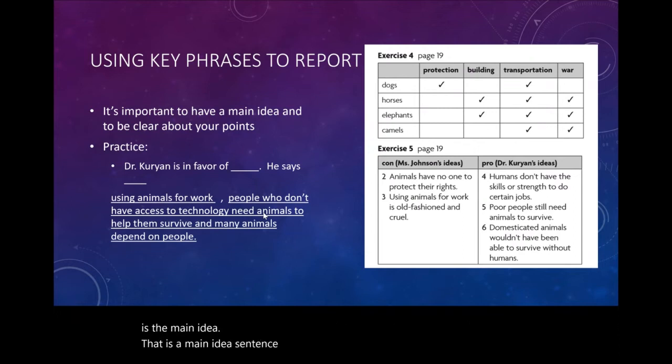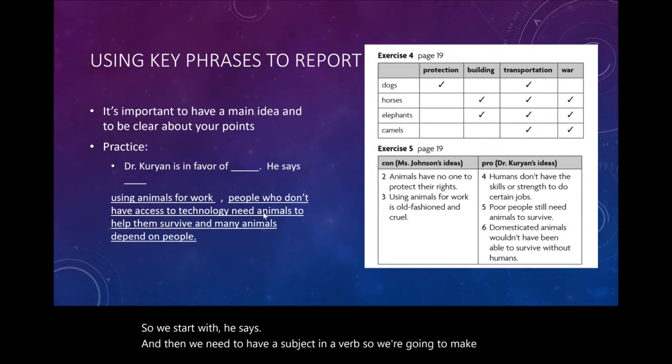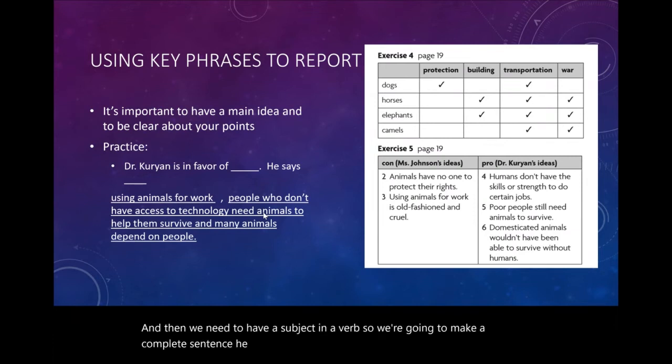The next sentence is going to give us a summary of the supporting points. So we start with he says, and then we need to have a subject and a verb. So we're going to make a complete sentence. He says people who don't have access to technology need animals to help them survive.